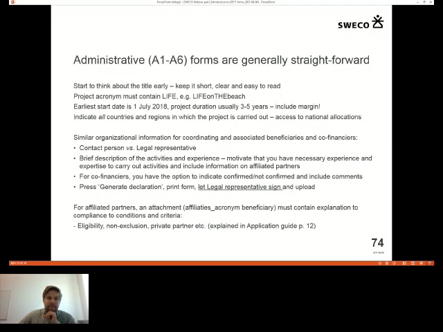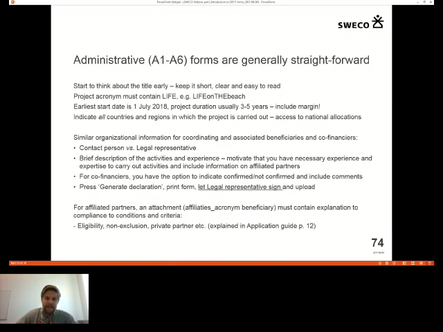There is a section in Form A1 where you indicate the countries and regions in which your project will be carried out. Be sure to indicate all the regions, because if you look into different countries, this gives access to national allocations.